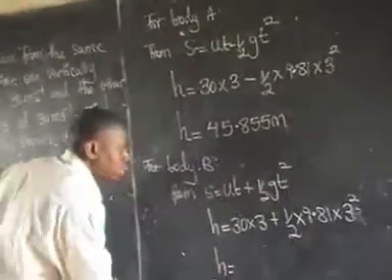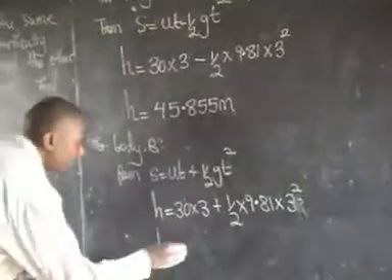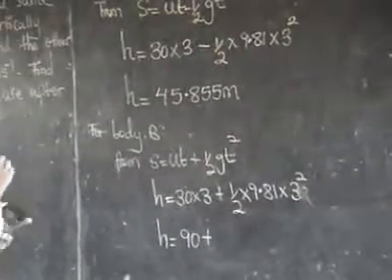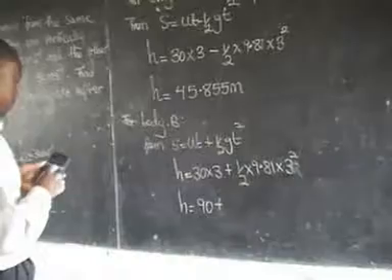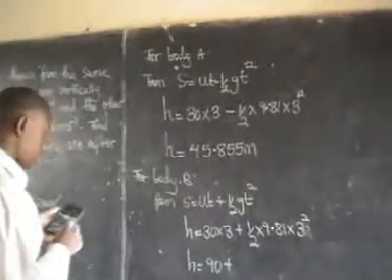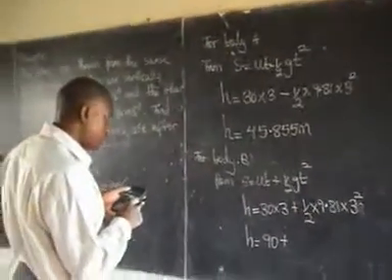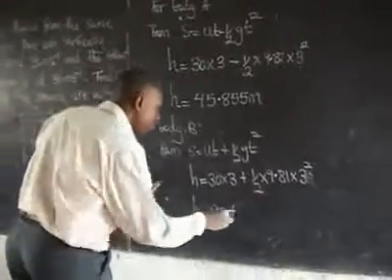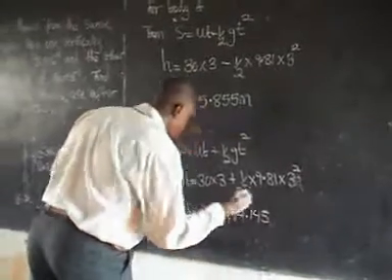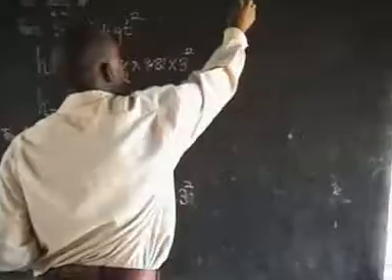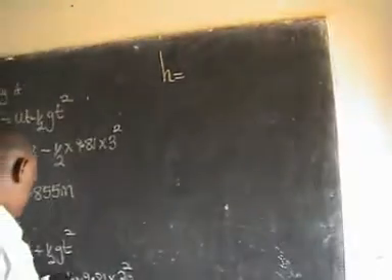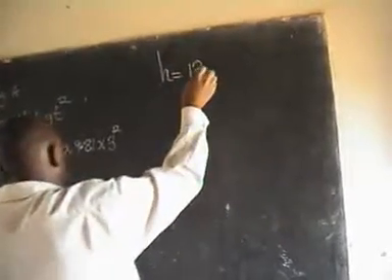Therefore h is equal to 30 times 3, that is 90, plus 44.145. Therefore h is 134.145.